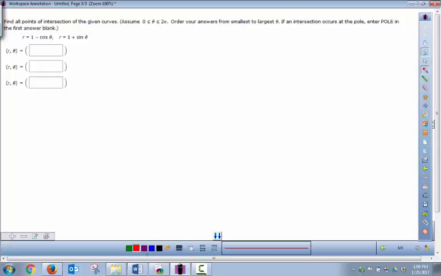Again, we're looking for intersections, so we're going to set them equal to each other. The ones would disappear, and then this would be just sine equals negative cosine.